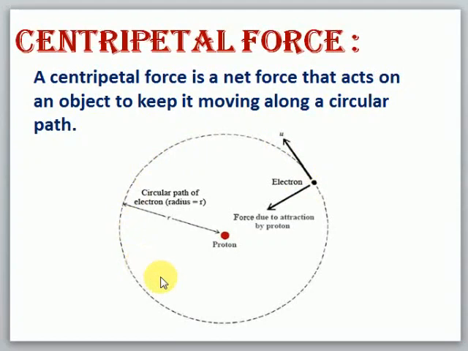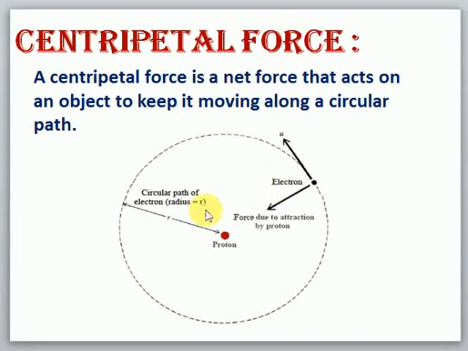As according to Rutherford, electrons are moving around the nucleus just like planets are moving around the sun. So it means electrons are circulating around the nucleus. So if electron is moving in circular path around the nucleus, this electron will need centripetal force, the force which will keep this electron moving in circular path. Now who will provide this centripetal force to the electron?